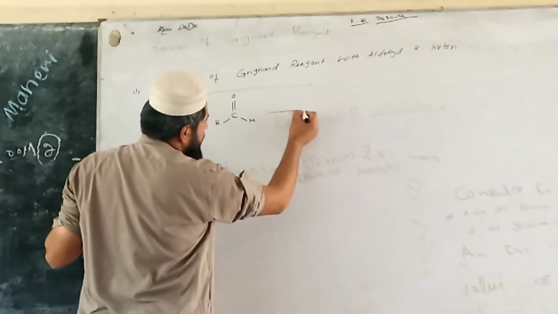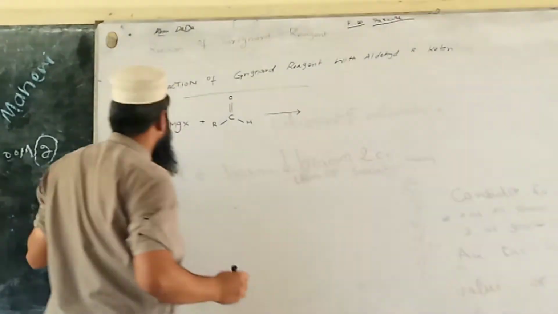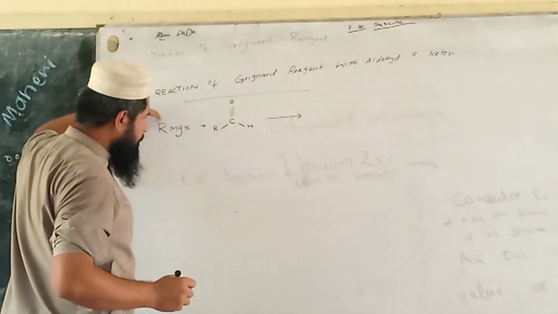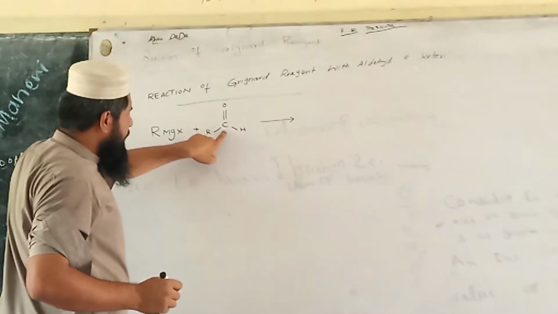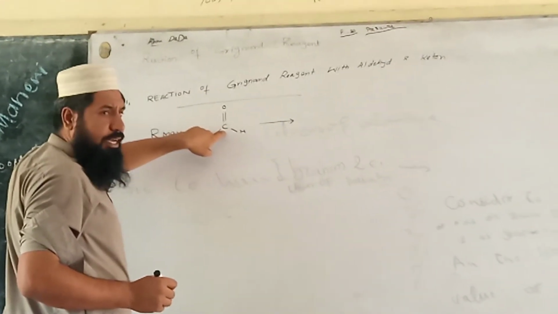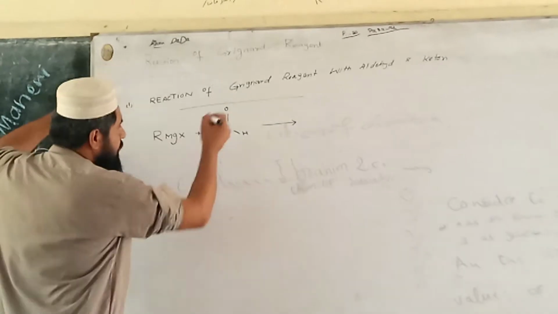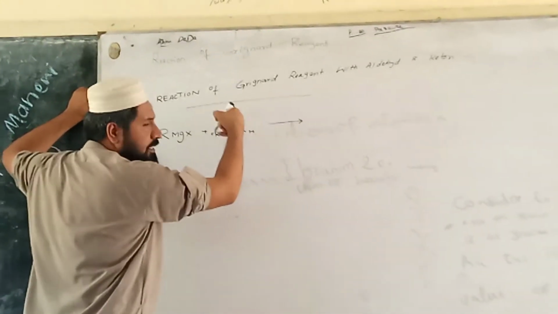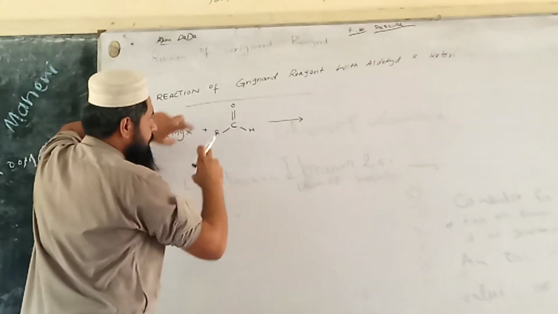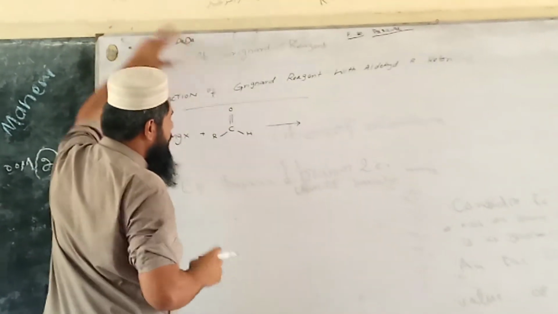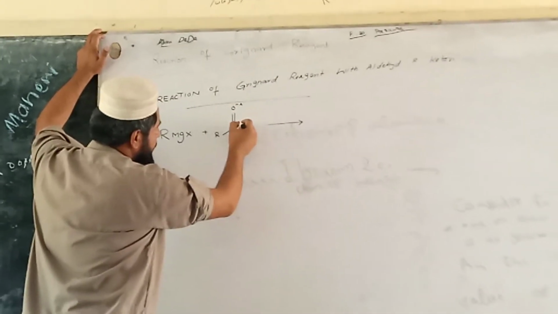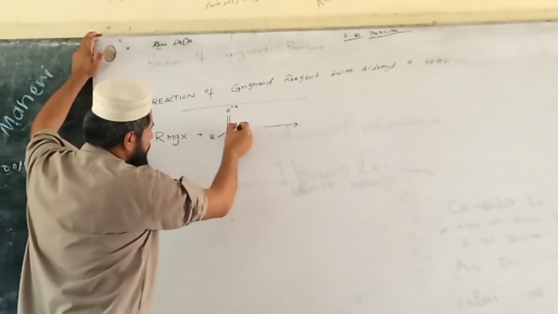In this reaction, this R will attack this carbon, which is slightly positively charged, because this oxygen is more electronegative and attracts these electrons toward itself, so it becomes partial negative and this carbon becomes partial positive.